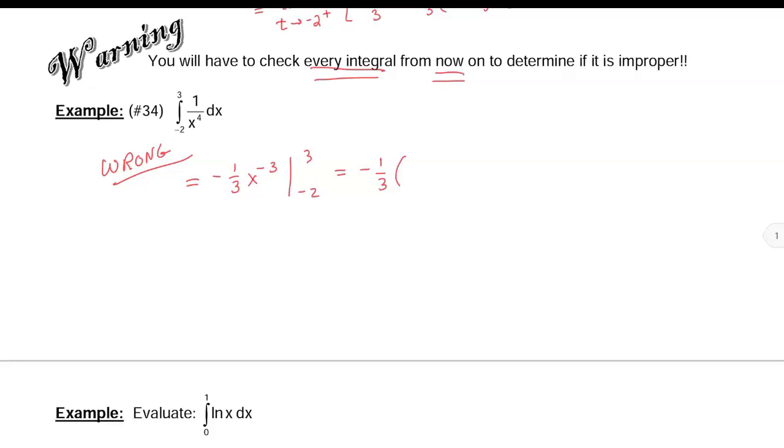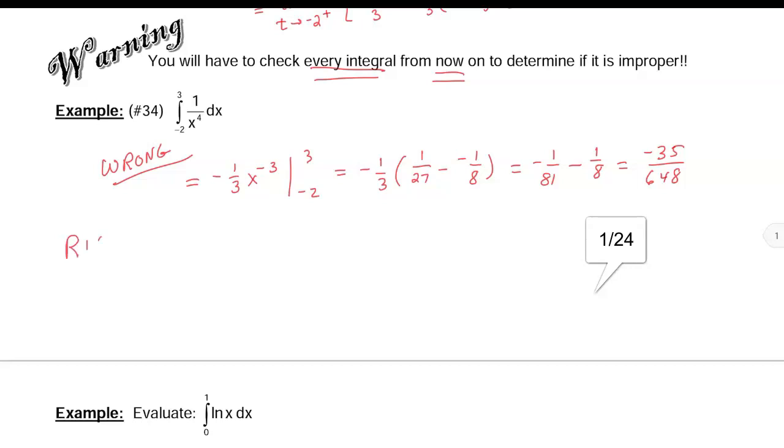So 1/27 minus, now I'm going to substitute in -2, which will be -1/8, so that's -1/81 minus, and a common denominator would get me -35/648. So it looks like there's an answer. It looks like there's a value. It looks like this integral is convergent.